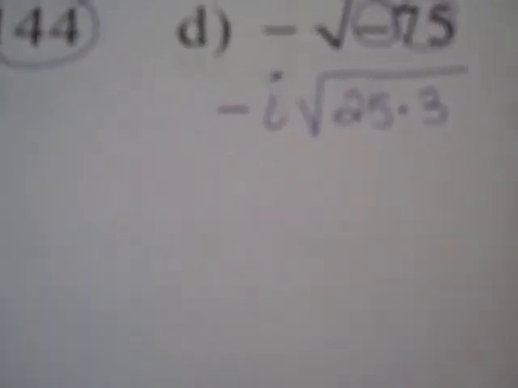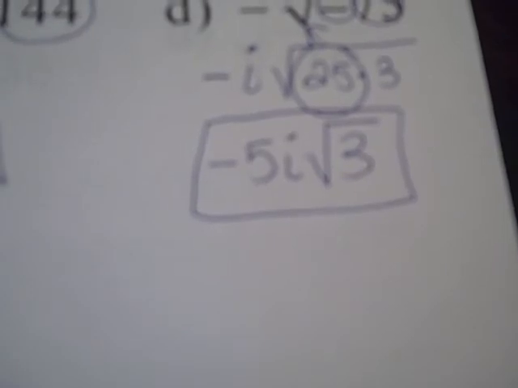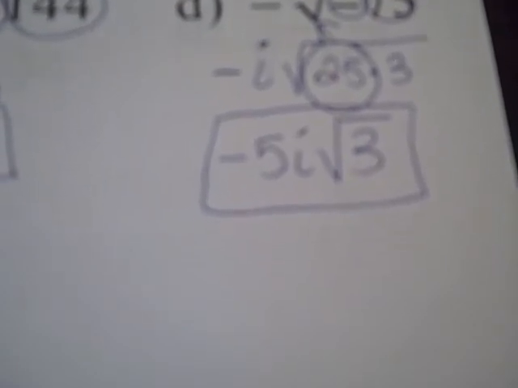I would break that one down as the square root of 25 times 3. Now I can take the square root of 25 and pull it out, and it moves out there with the negative and the i, and becomes a 5, of course. And then I leave the 3 inside the radical. And so there's that simplified radical.